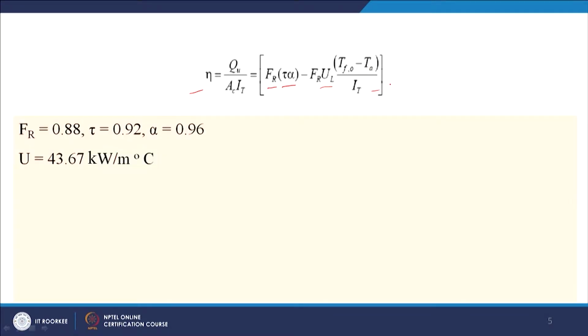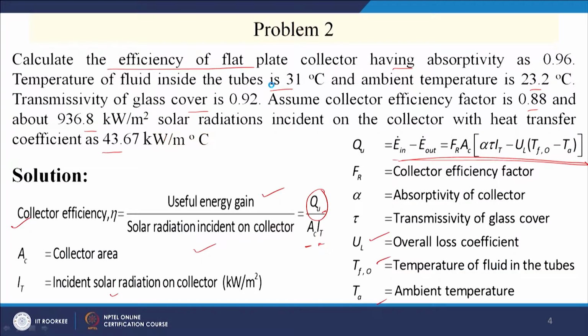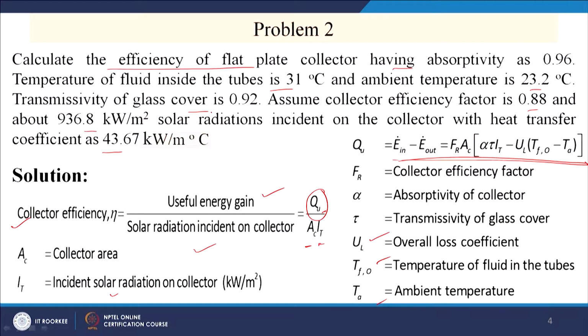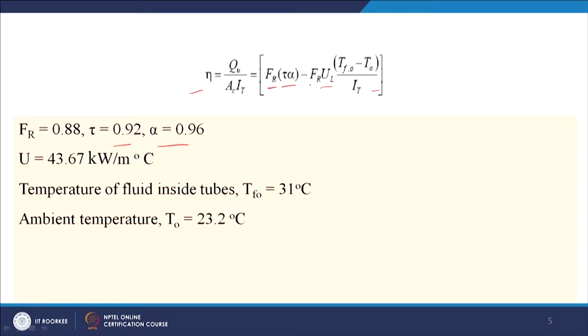In our case, FR is given as 0.88, the collector efficiency factor, tau is given as 0.92, the transmittivity, and the absorptivity is 0.96. So, these are given.